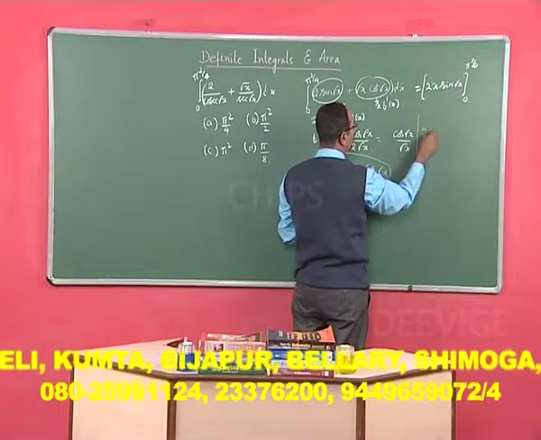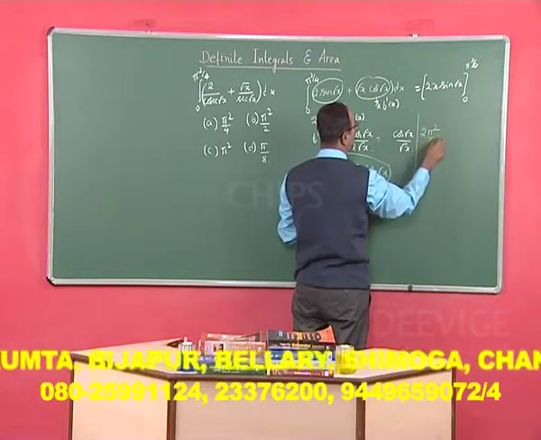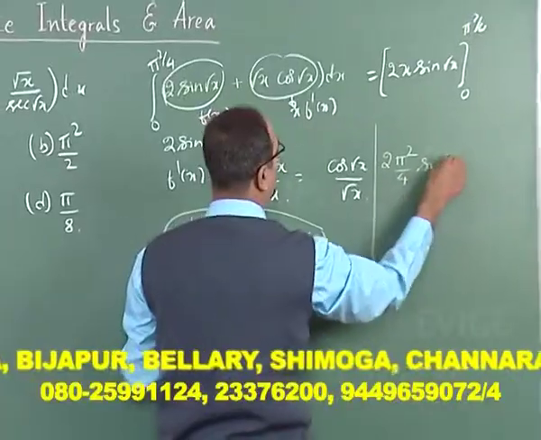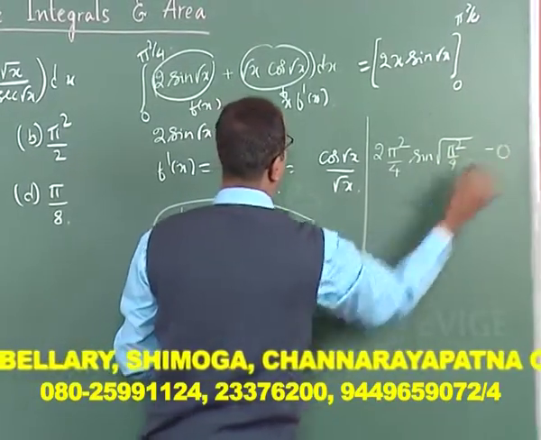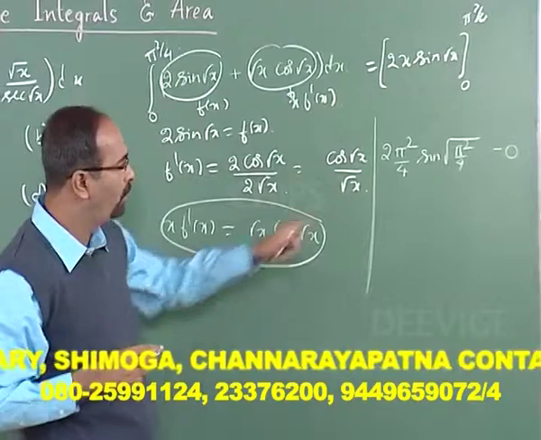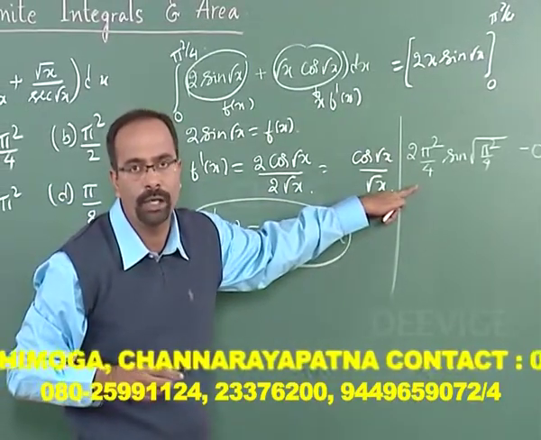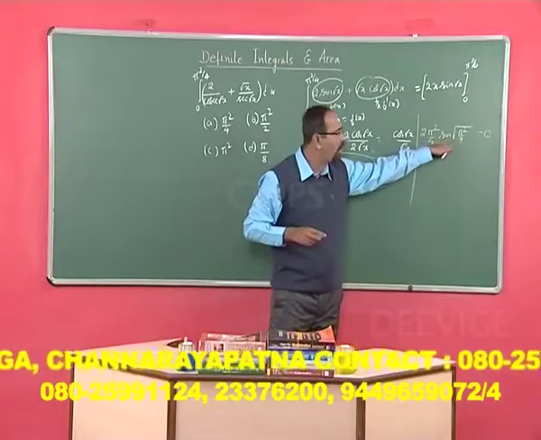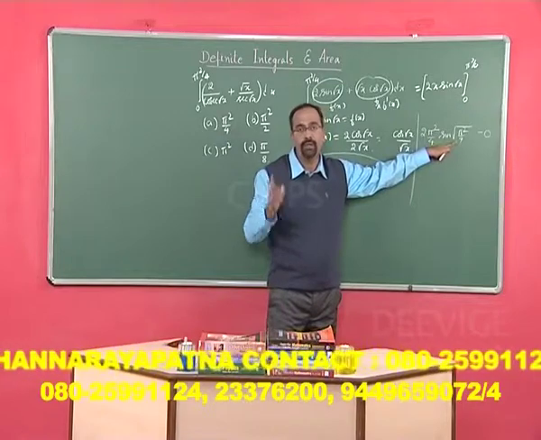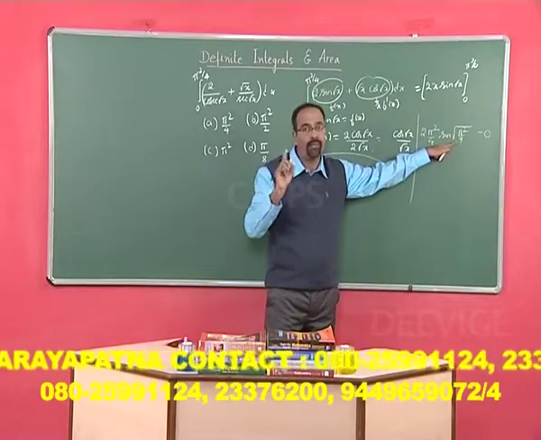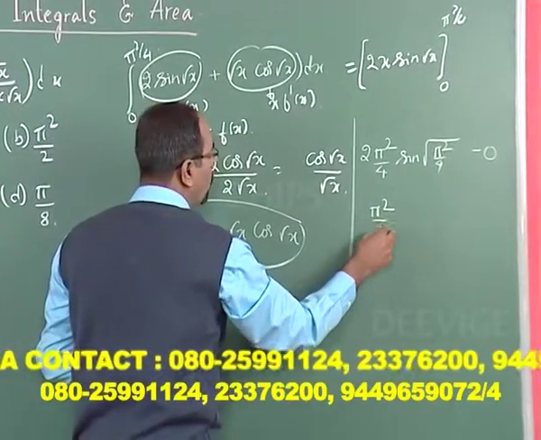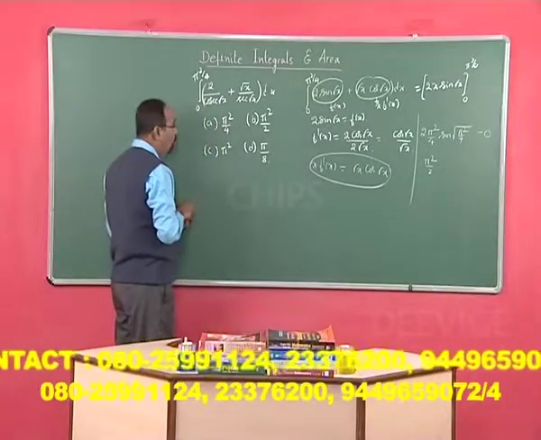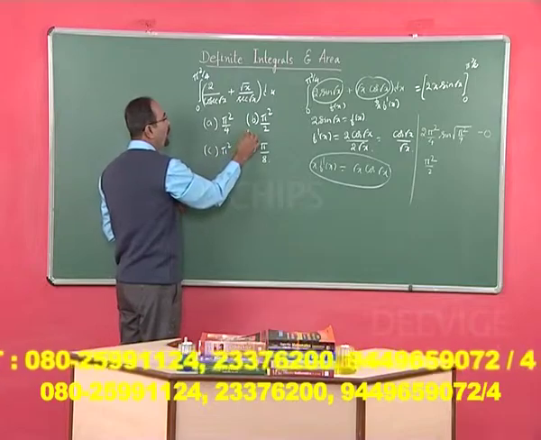We will get 2 into pi square by 4 into sine of root of pi square by 4, minus, no need to mention, it is 0 for the lower limit. 2 into pi square by 4 will give you pi square by 2. Sine of root of pi square by 4 will give you sine of pi by 2, and sine of pi by 2 is 1. So pi square by 2 means option B is correct.